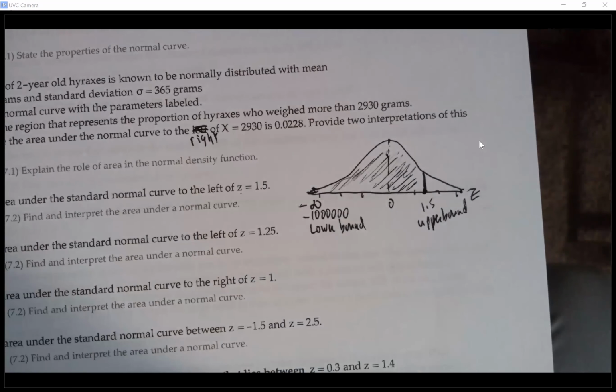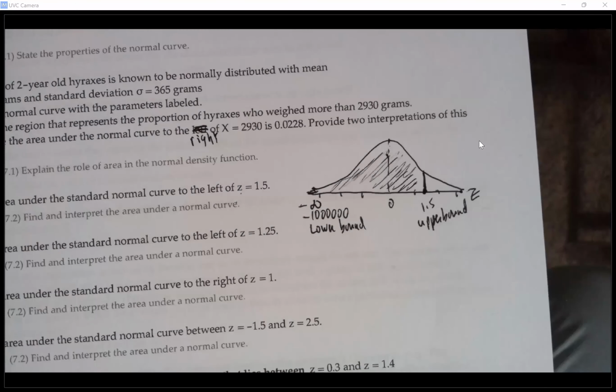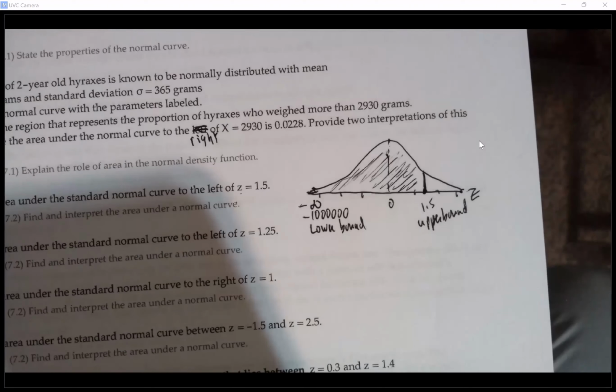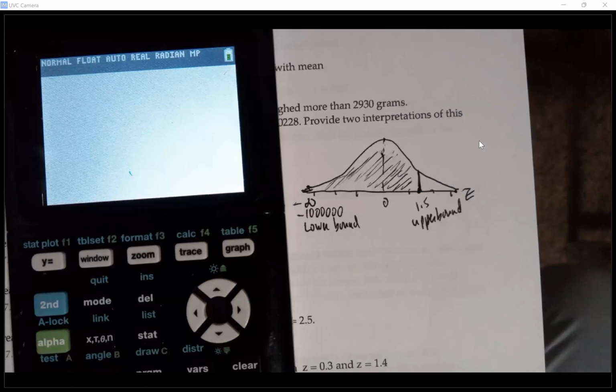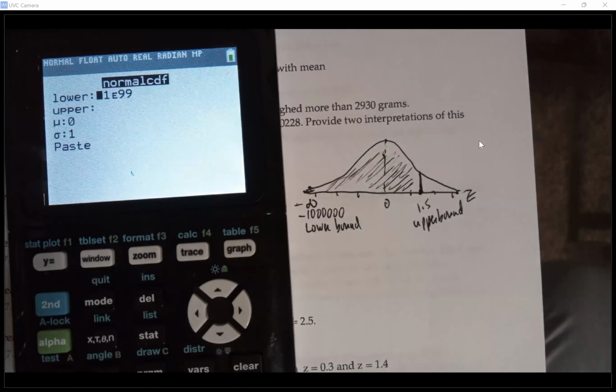So if I bring the calculator in and show you how to do that, here's how you do it. You go to 2nd, distribution, normalcdf, negative 1,000,000, put as many zeros as you want, 1.5, comma 0, comma 1, paste.